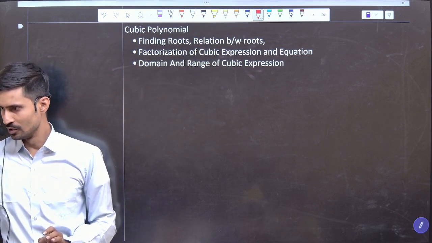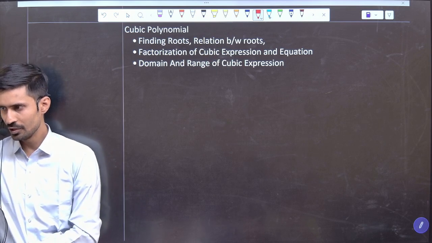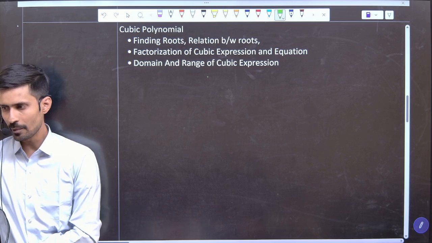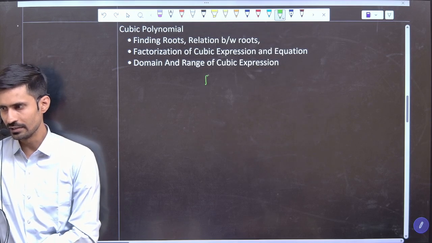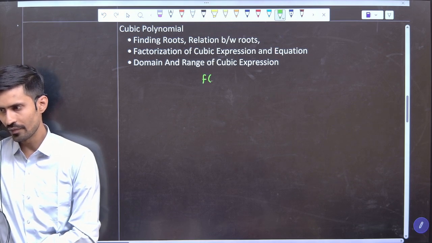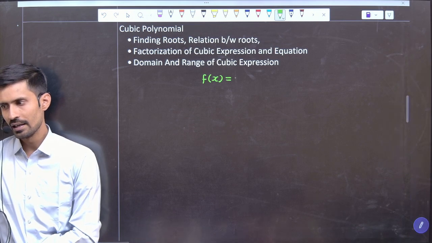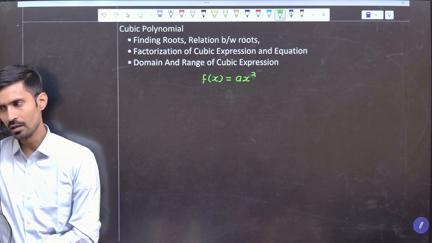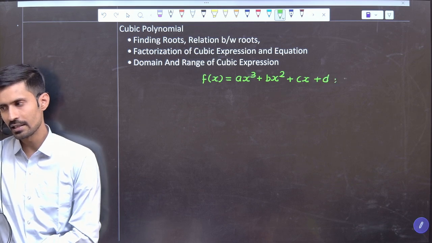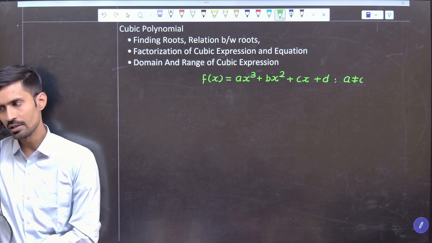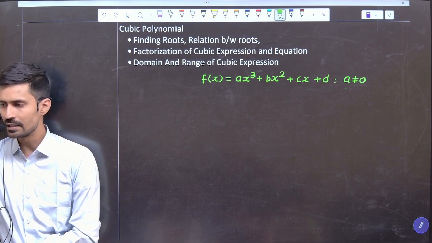So first of all, if I am talking about polynomials, I can define one polynomial function f of x equals a x cube plus b x square plus c x plus d, and the condition is a is not equal to 0, and b, c, d can be anything.